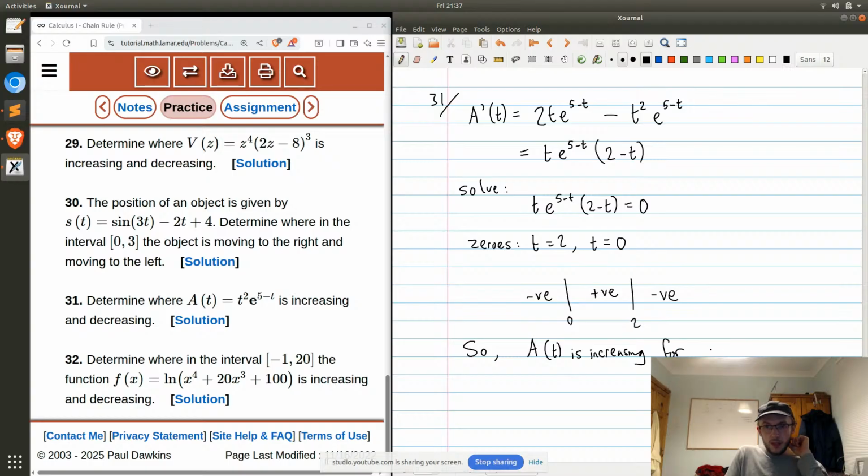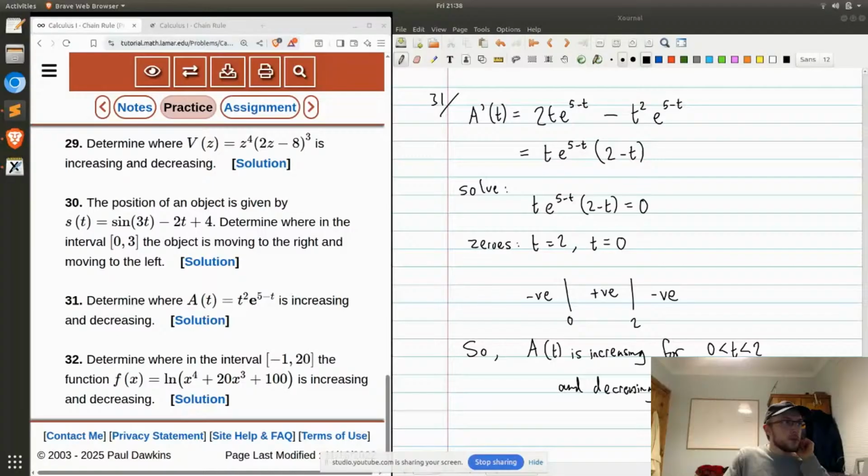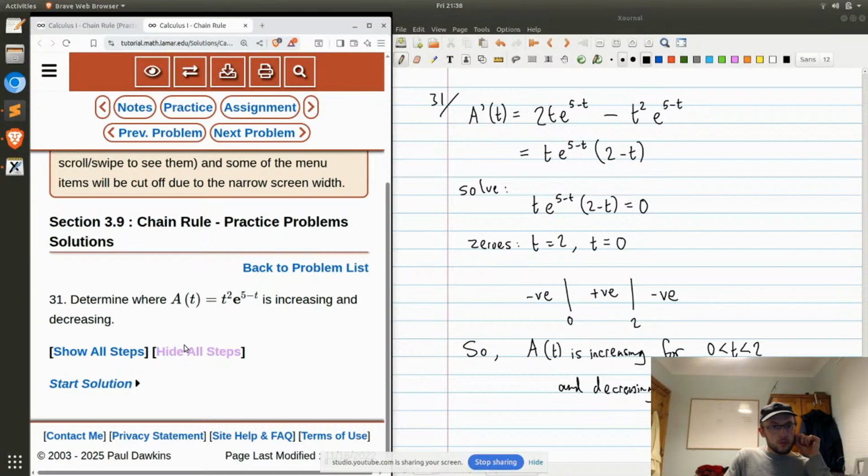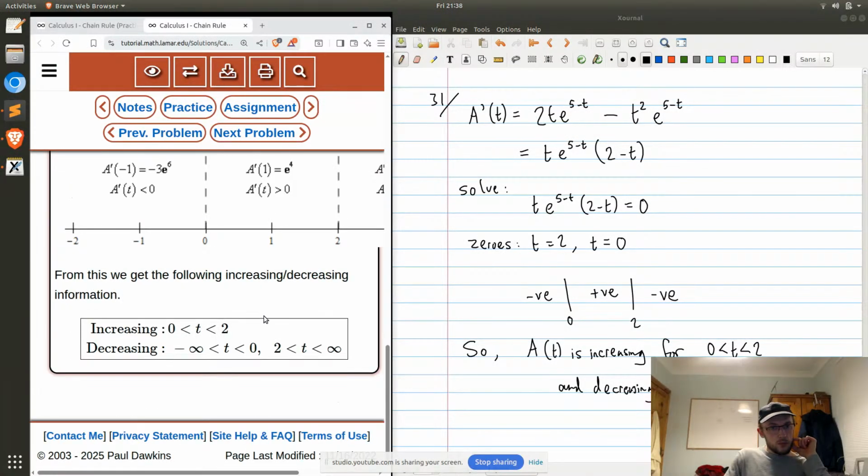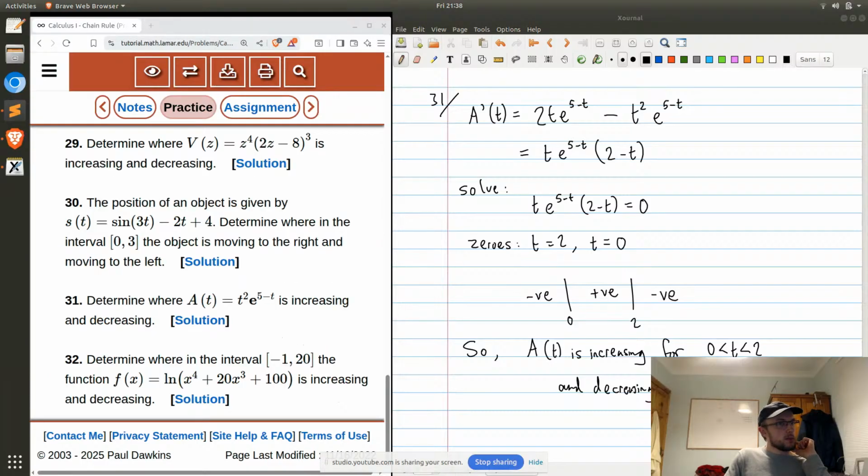Increasing for, and decreasing for, that's what I think, but we're about to see if that's true. Turns out that's correct. That's great. That's absolutely great.